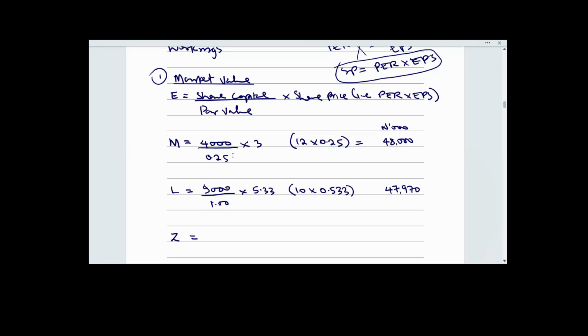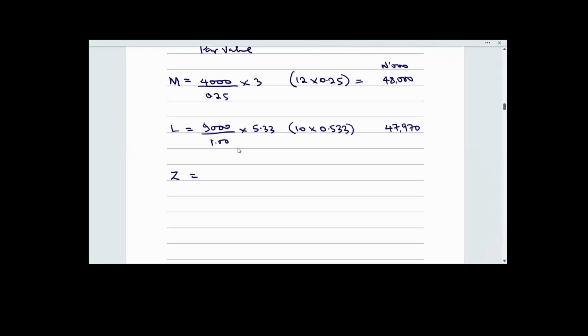For the Zambezi, share capital of Zambezi is equal to 3,500. The par value of Zambezi is 25 kobo. All right, so 35 divided by 0.25.